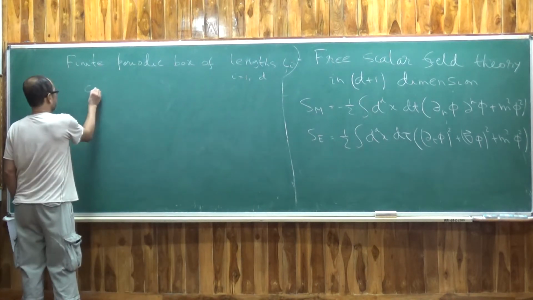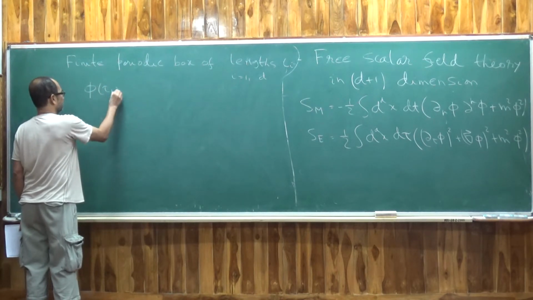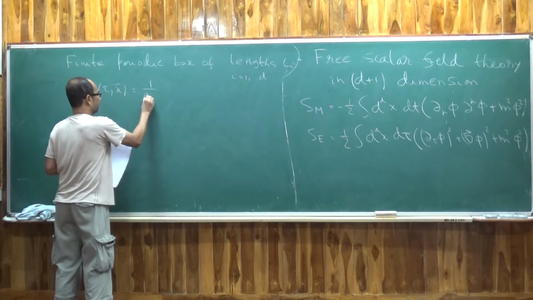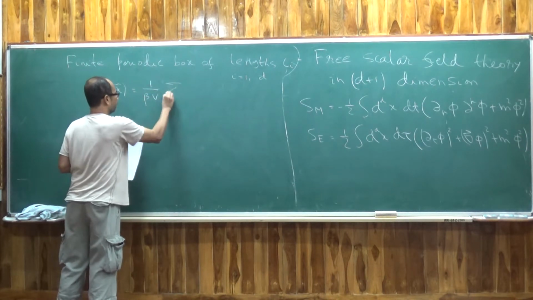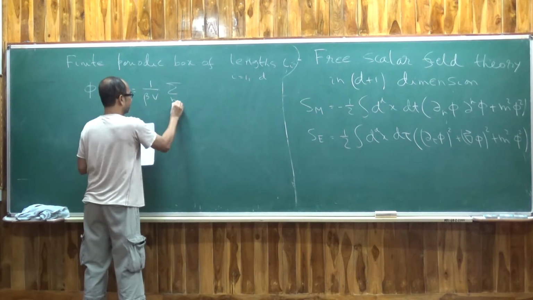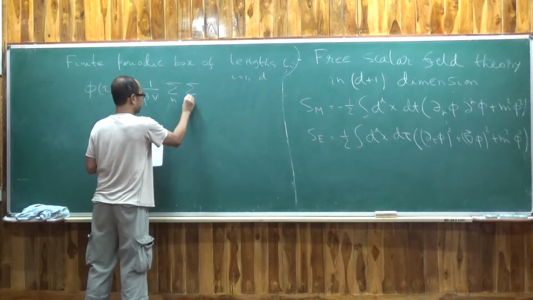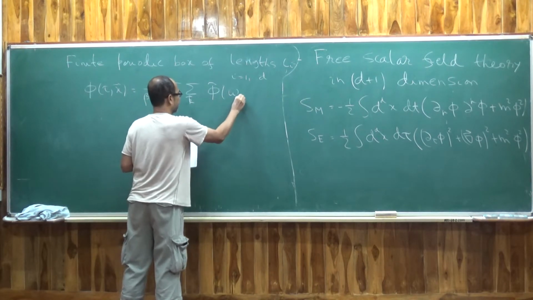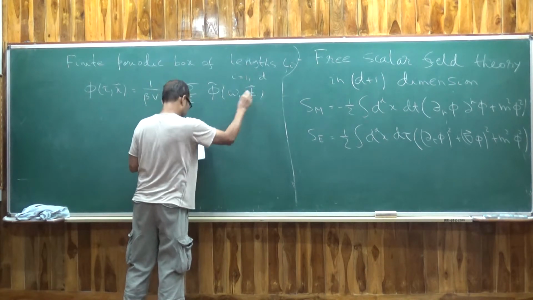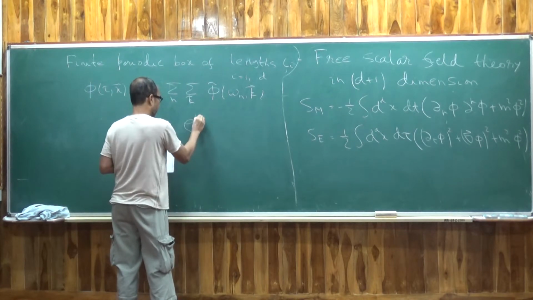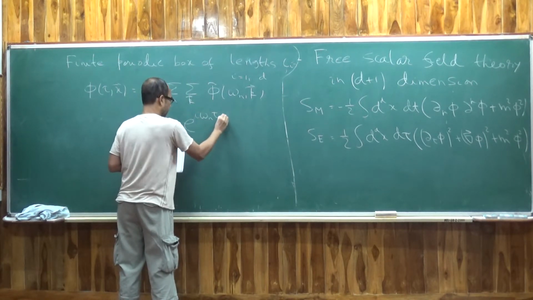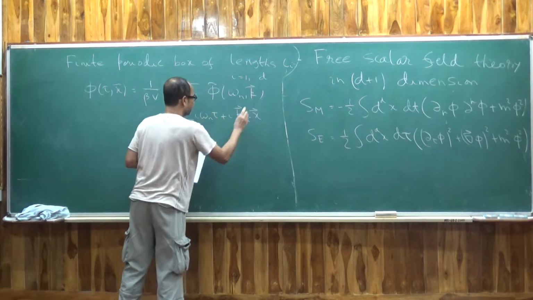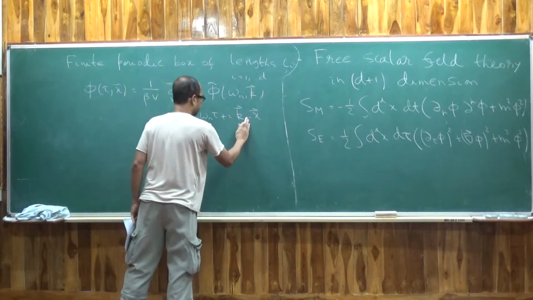Then you can expand phi as 1 over beta times V, sum over n, sum over k, phi tilde omega n, k, e to the i omega n tau plus i k dot x.